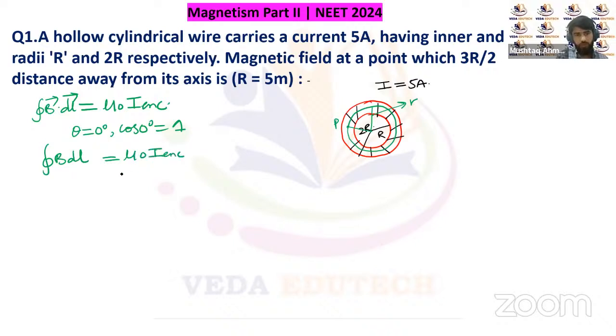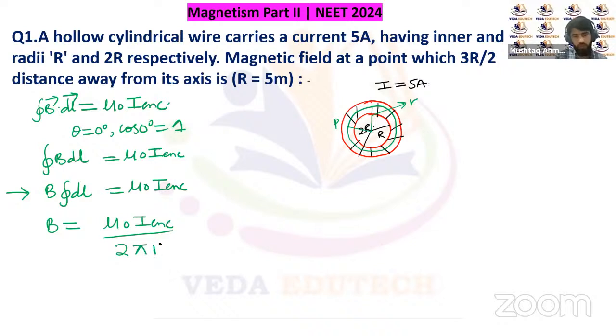B is constant on the Amperian loop, so we'll take it outside the integral. We'll be left with integral of dl, which will be equal to mu naught I enclosed. So the value of B here will be mu naught I enclosed upon 2 pi r, right?